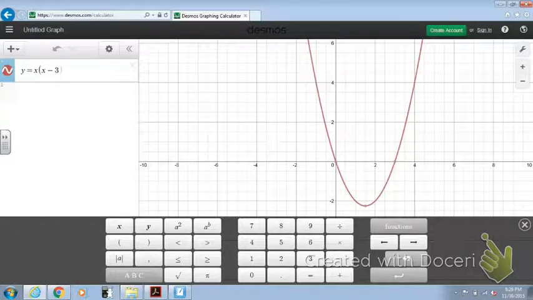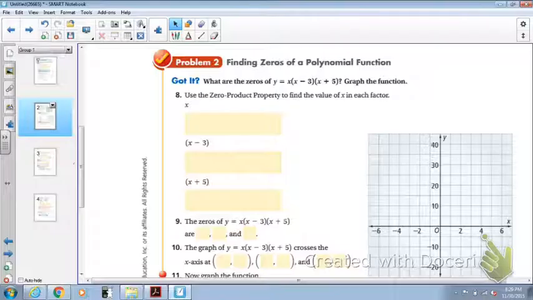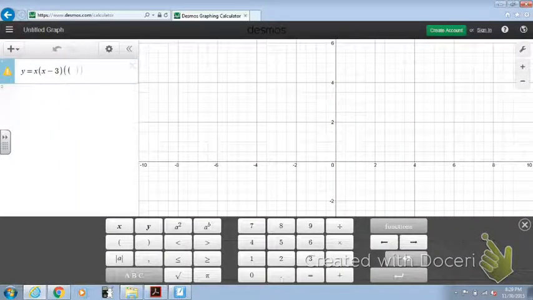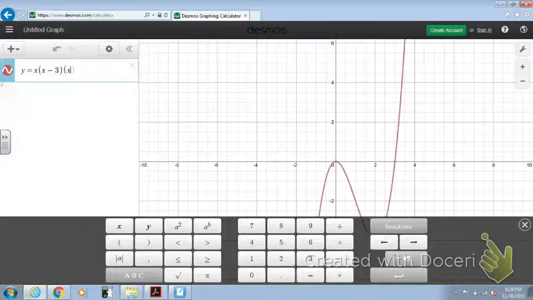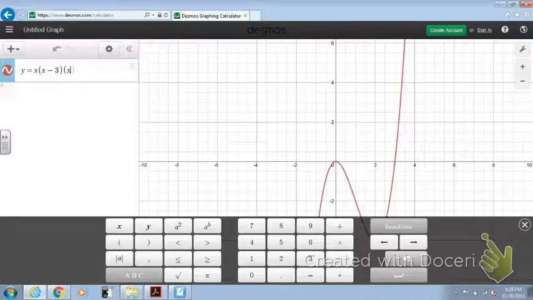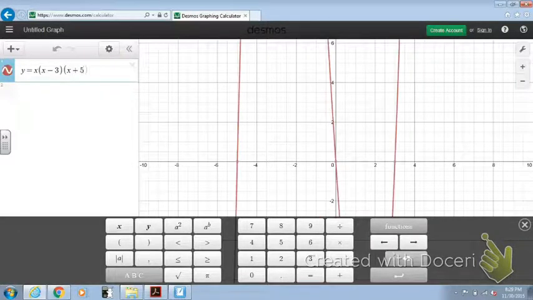I think it was x minus 3. Let me double check real quick. Yeah, x minus 3 and x plus 5. So you don't even have to multiply it out to put it in there. You can just put it as is. There we go. And so that's my polynomial.